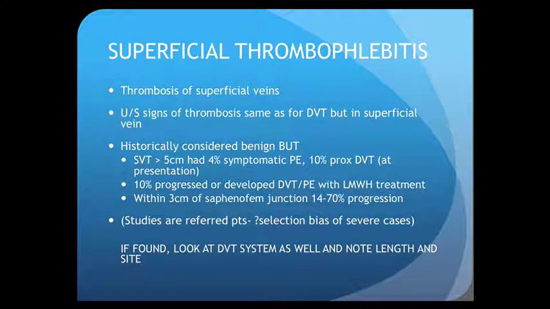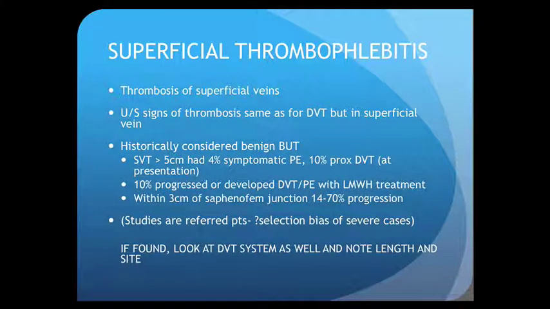And that's because even though historically superficial thrombophlebitis was always considered a fairly benign condition, if you actually look at patients who've got long thrombus in their saphenous vein, then 4% of those patients actually had symptomatic pulmonary emboli at the time of presentation, and 10% of them also had deep vein thrombosis at the time of presentation.